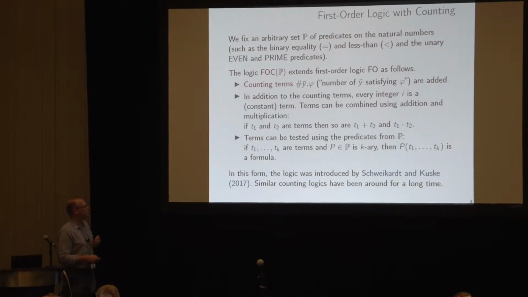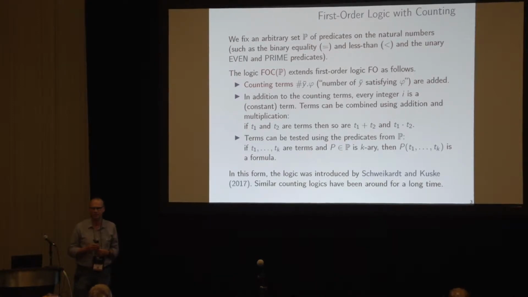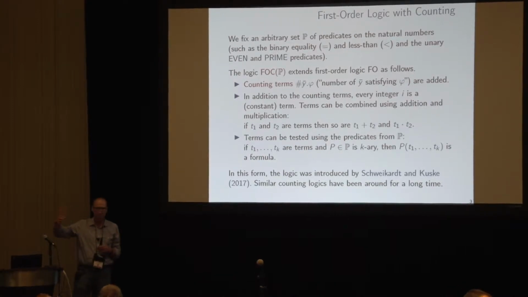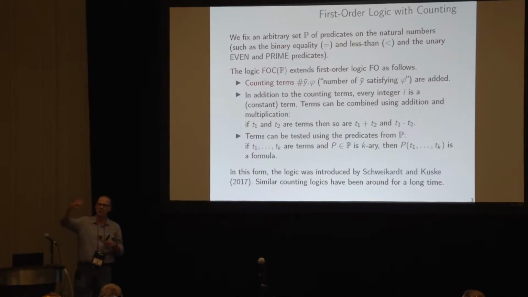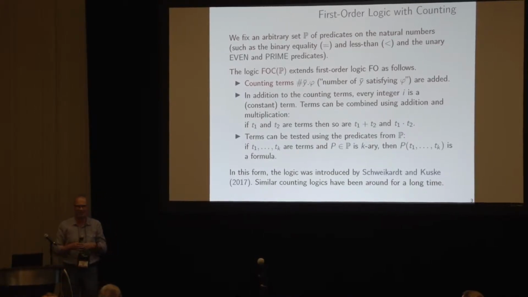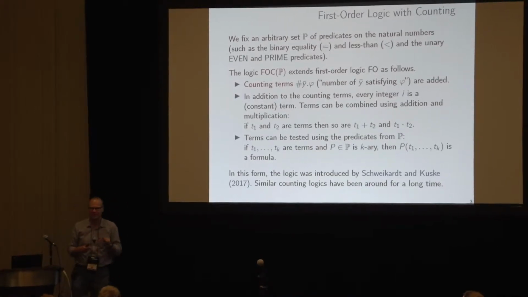In this form, it was introduced, as I said, by Schweikart and Kuske, but similar counting logics have been around for a long time. And there's also variants where you can quantify over counting over the numeric side and things like this. But I like this better because you don't have to think about how large your numeric universe is and things like this. So I like this formalization.